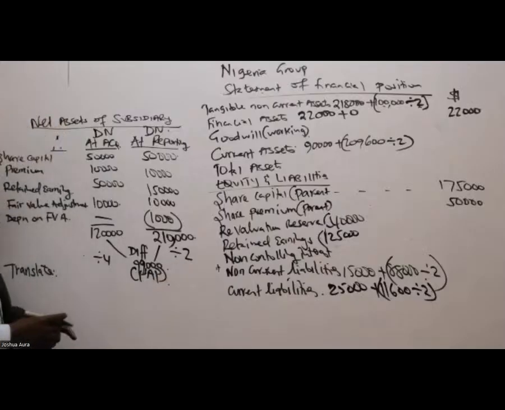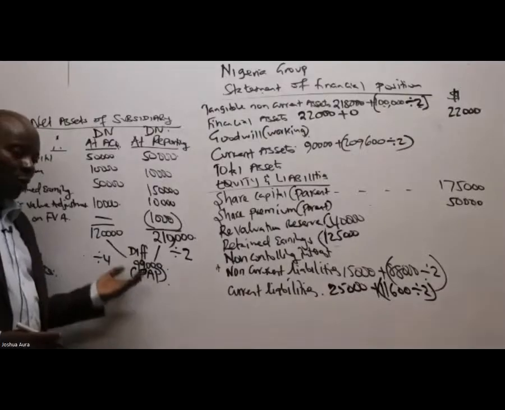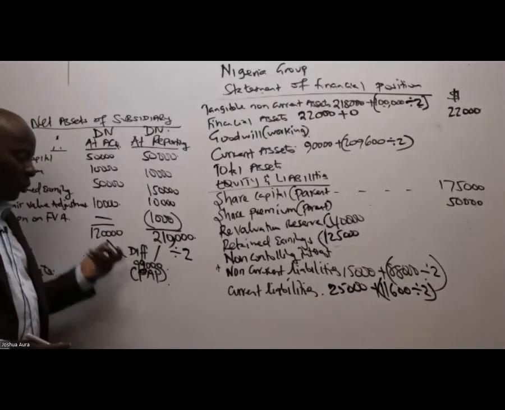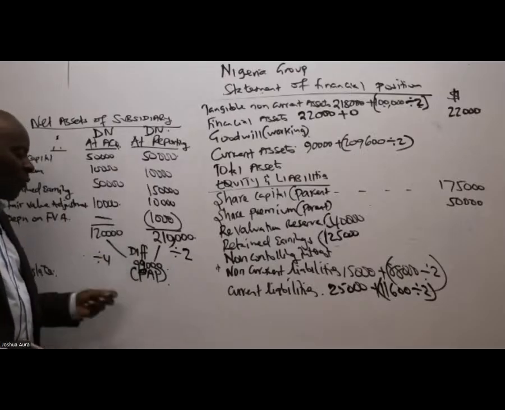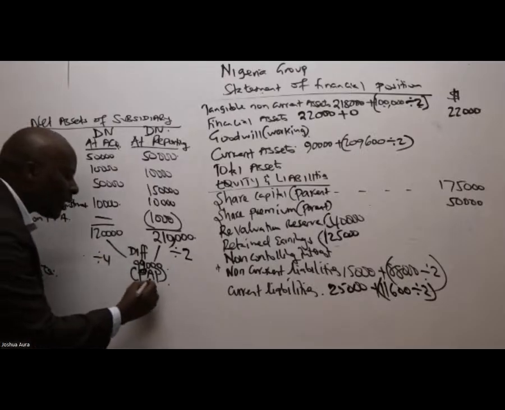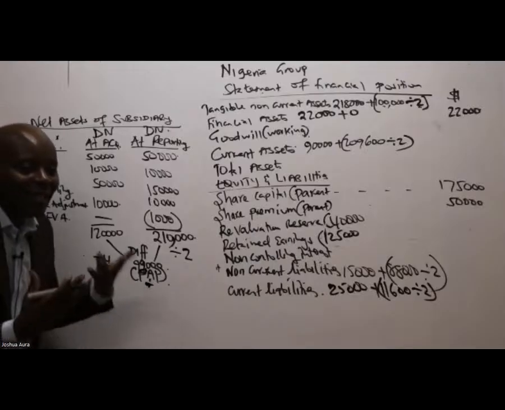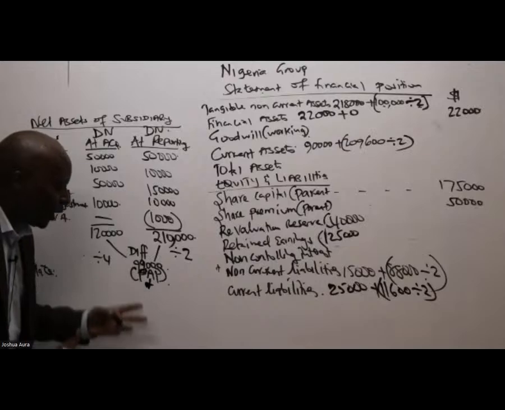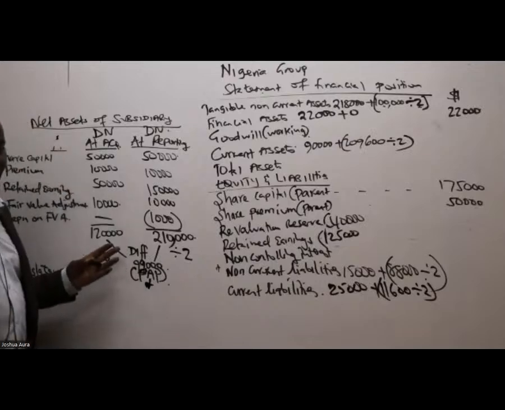And then now listen to me very well. Remember, we have some post-acquisition profit. When we subtracted this and this, we got a post-acquisition profit. It's a profit, an income statement item. Profit is always translated using the average rate.